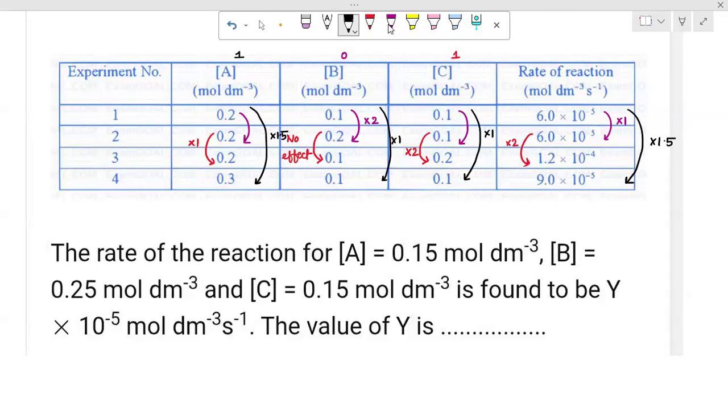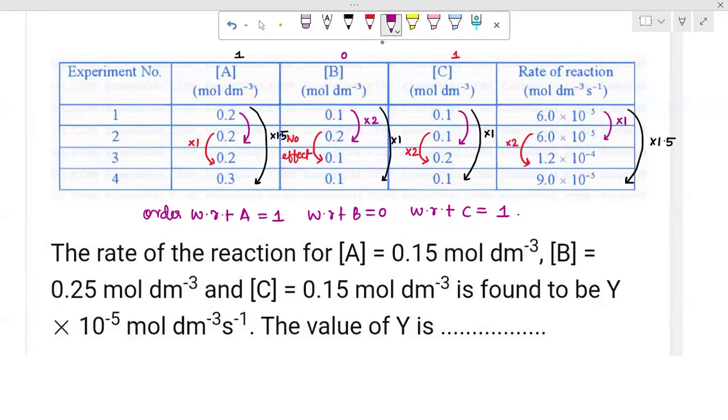So now you have got the order with respect to A, which is equal to 1, with respect to B, which is equal to 0, and with respect to C, which is equal to 1 again. Now let's see how to proceed with the question. You have to find the rate of the reaction when concentration changes are so and so.